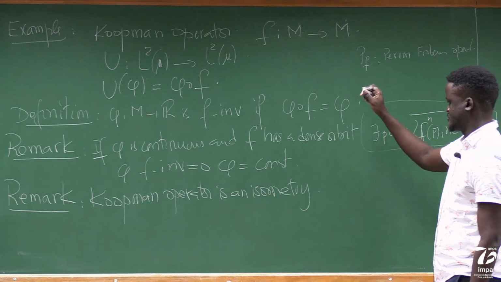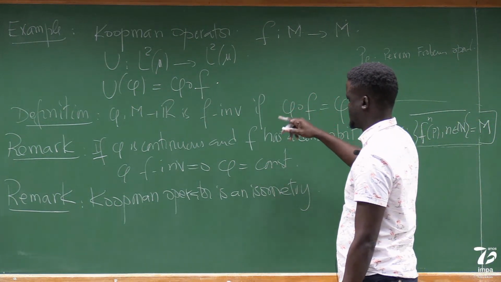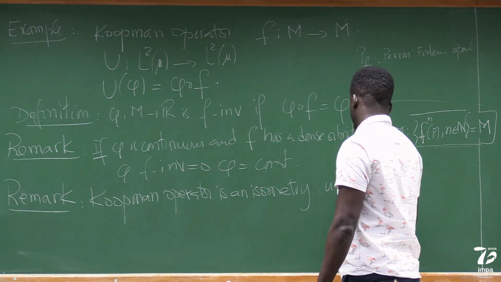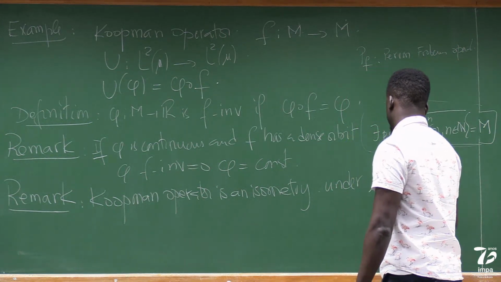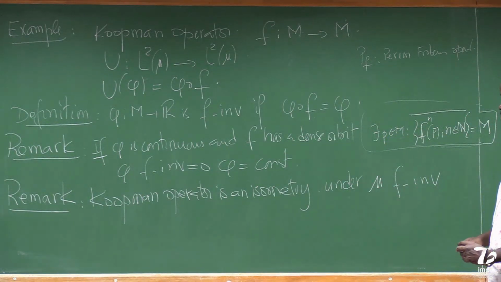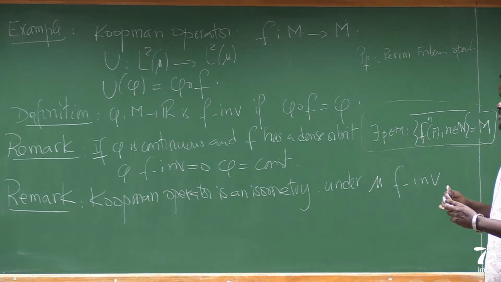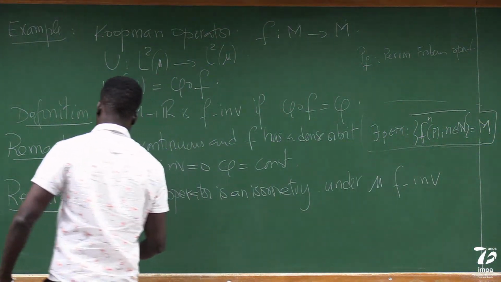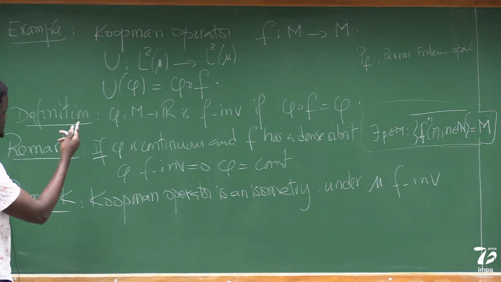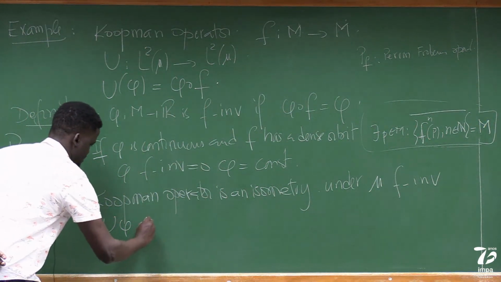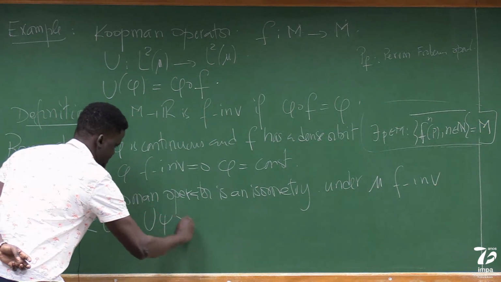So I'm supposing that mu is F invariant, and then the Koopman operator is an isometry. It is easy to see because you can just take the inner product of U phi and U psi.